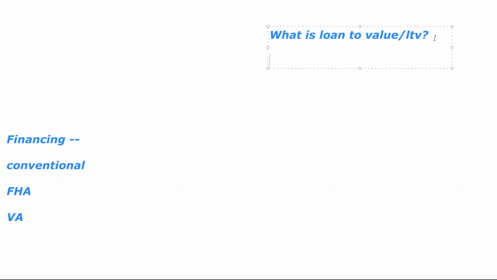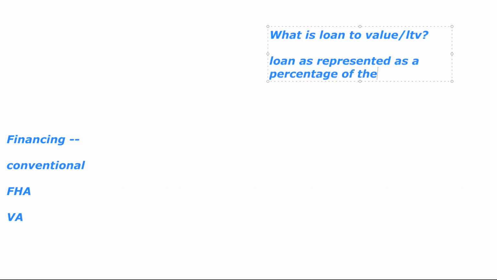It's literally what it sounds like. It's the loan as represented as a percentage of the value. So what happens is this. Let's say I had a home that was valued at $100,000 and my loan was $70,000, okay?